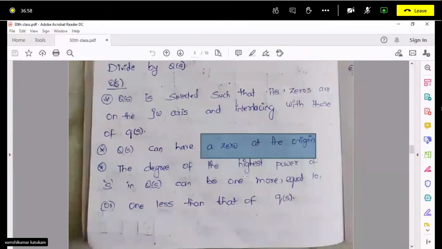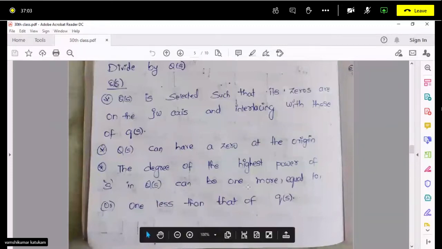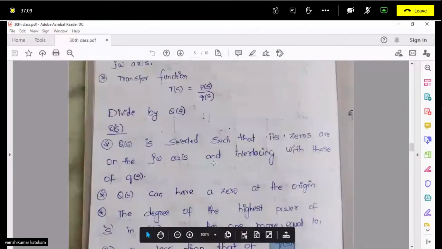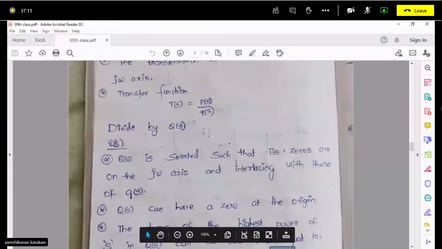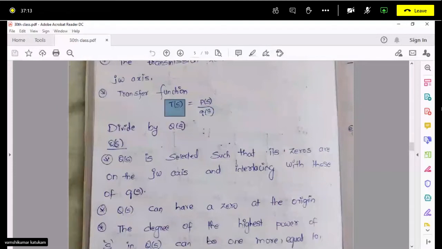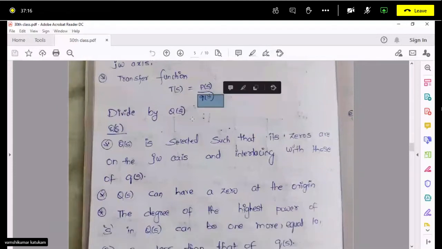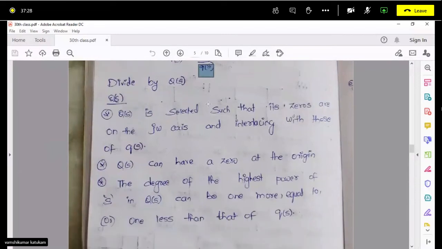The degree of the highest power of S in capital Q of S can be equal to, one more than, or one less than that of small q of s. So if small q of s is given, the degree of capital Q of S should be equal to small q of s, or only one more, or one less than small q of s.